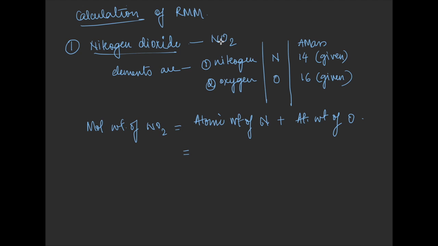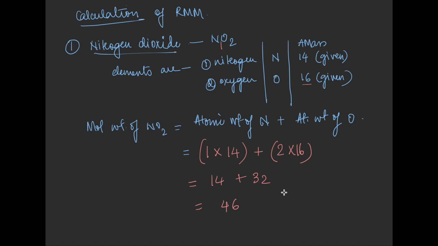In NO2, you have one atom of nitrogen and each atom of nitrogen has a mass of 14, plus the atomic weight of oxygen is 16, but how many oxygen atoms are there? There are 2 atoms of oxygen. So 2 into 16 will give you the total atomic weight of oxygen. Is that clear? So you multiply 14 into 1 plus 16 into 2, which is 32. What do you get? 46, right? So the molecular weight of nitrogen dioxide is 46 AMU.